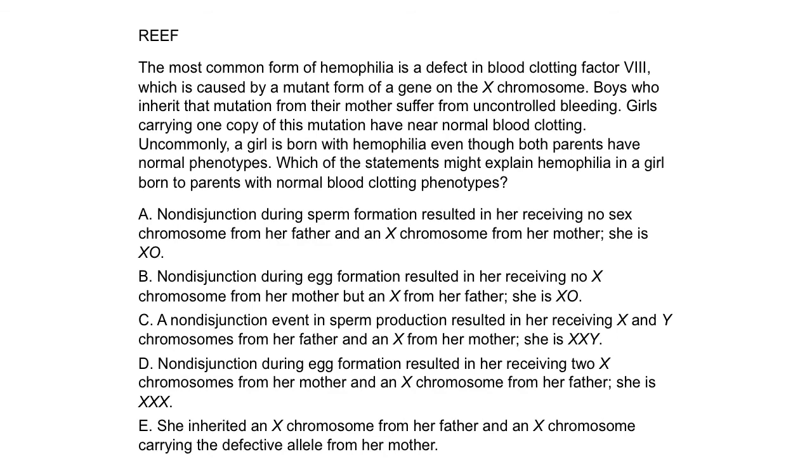Boys who inherit that mutation from their mothers suffer from uncontrolled bleeding. Girls carrying one copy of this mutation have near normal blood clotting. And commonly, a girl is born with hemophilia even though both parents have normal phenotypes. Now, which of the statements might explain hemophilia in a girl born to parents with normal blood clotting phenotypes?